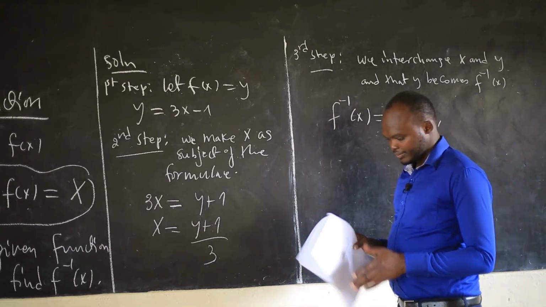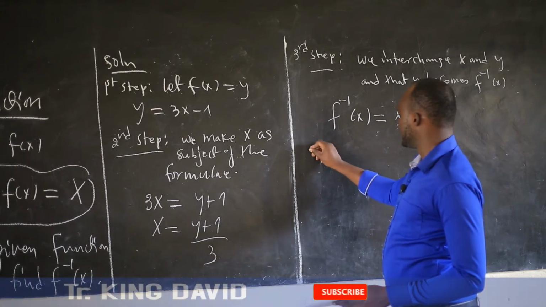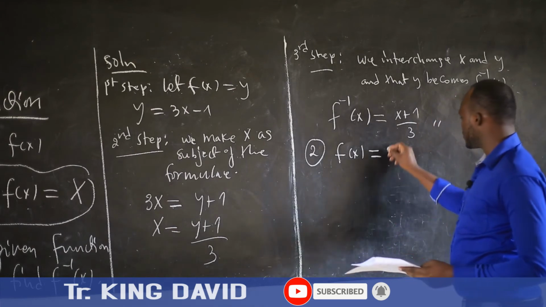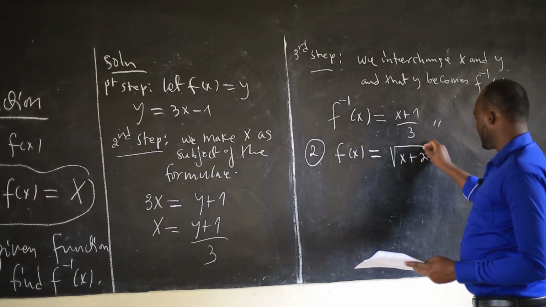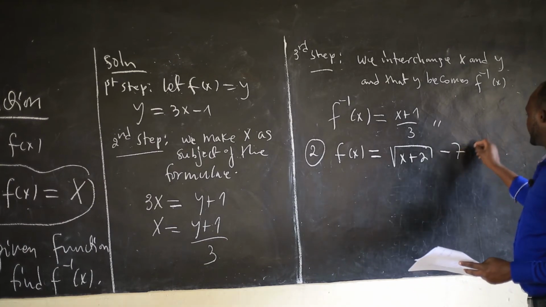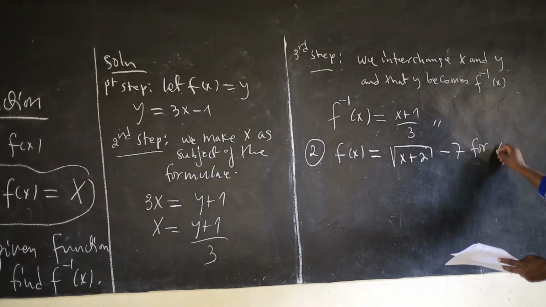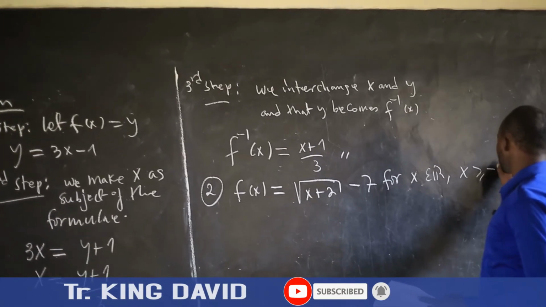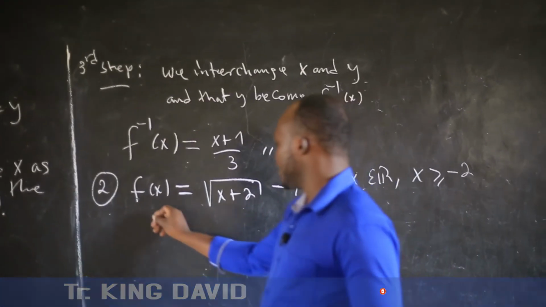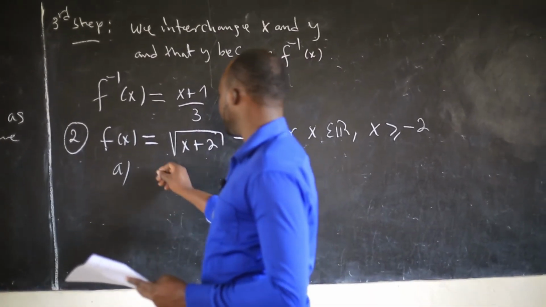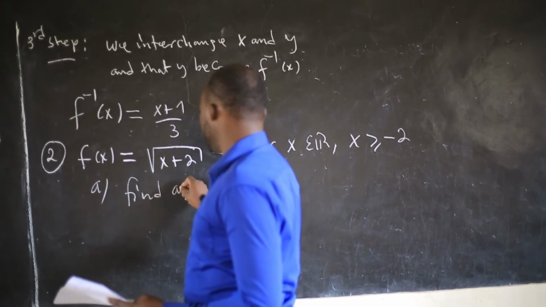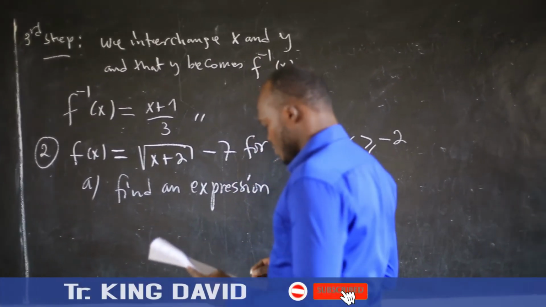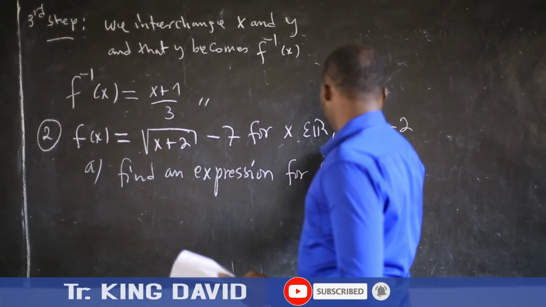Number two, it is saying we have f of x equal to root x plus 2 minus 7 for x is a member of real number, such that x is greater than or equal to negative 2. It is saying find an expression for f inverse of x.